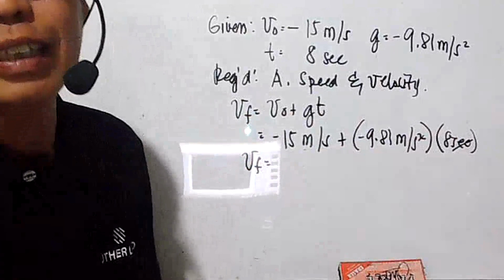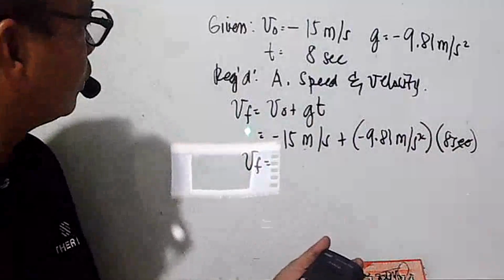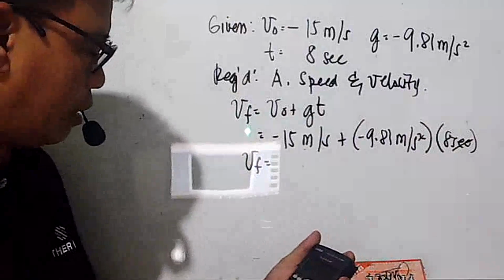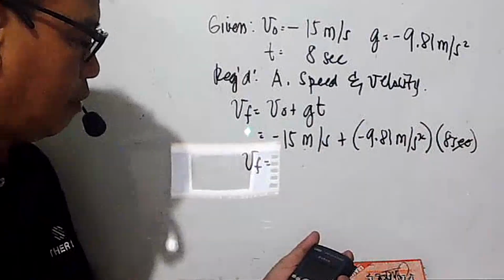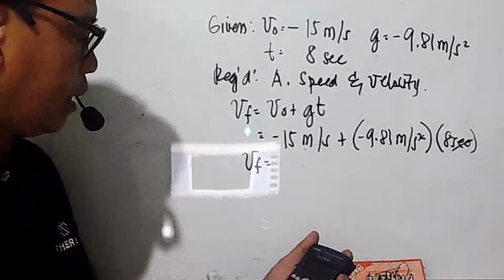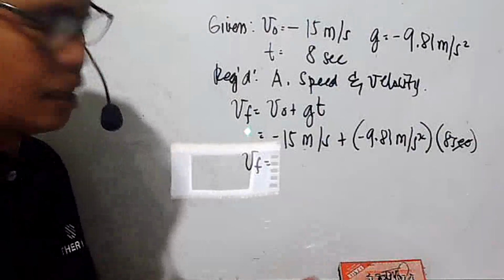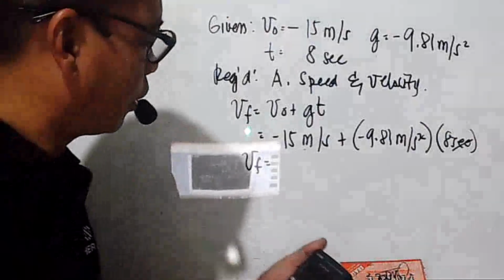Okay, so I'll try to solve it first. Your velocity now is negative 9.81 multiplied by 8 seconds. So that is 78.48.